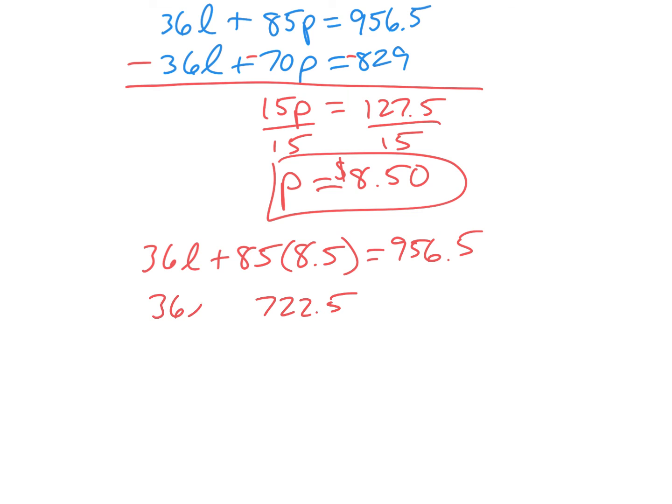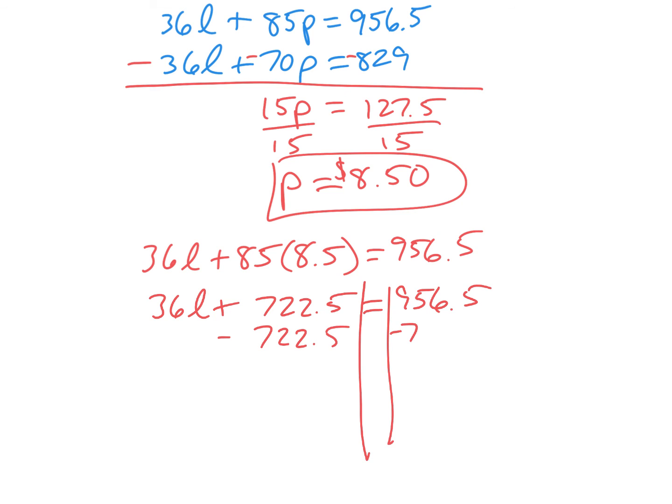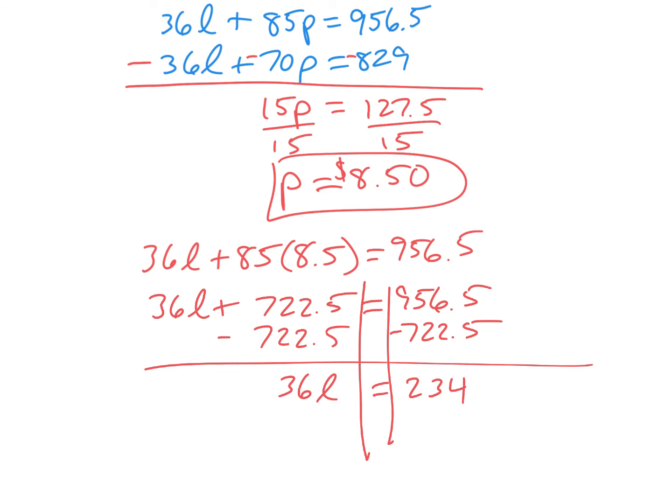So we have 36L plus 722.5 equals 956.5. And then we'll solve for L by doing inverse operations, subtracting 722.5 from both sides. 36L equals 956.5 minus 722.5, which gives me 234. Oops, I wrote 6. I meant 234.